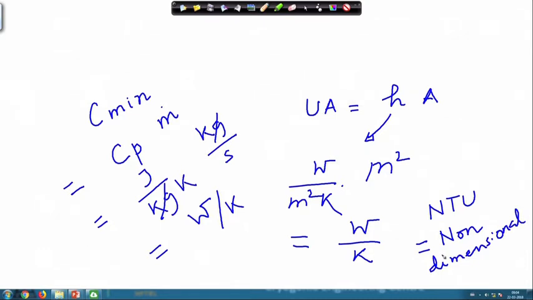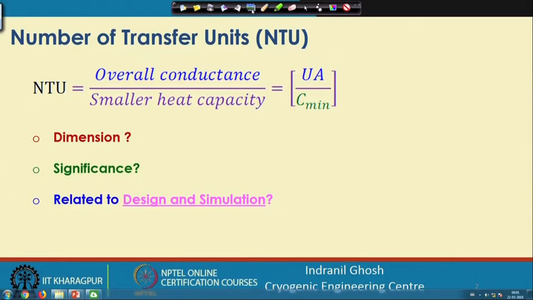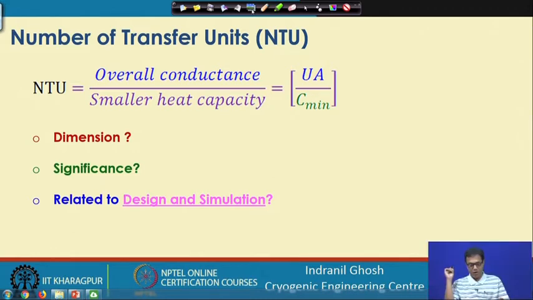So, this non-dimensional number, we often call it the dimensionless heat transfer size or the thermal size of the heat exchanger. Now, is it related to the physical dimension of the heat exchanger? Not necessarily. This has been explained nicely with an example by R.K. Shah and Sekulic.